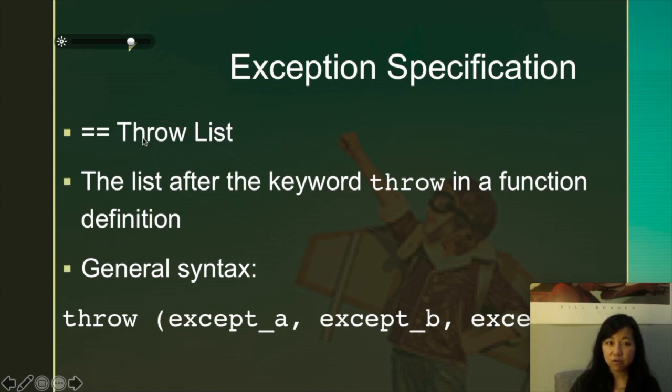It actually also named the throw list. It's the list after the keyword throw in a function definition, or I should not call it a keyword. I think it's called a reserved word. The general syntax is throw and then the name of the exception and then comma, and then the name of another exception, and so on and so forth in parentheses.